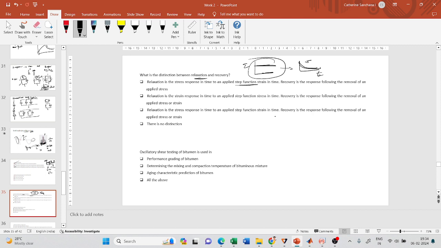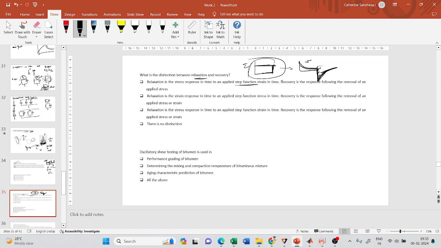Okay. Now, what is recovery? So when I remove this strain, this stress will go back to the other side and start recovering. Okay. So either the stress will recover or the strain will recover.